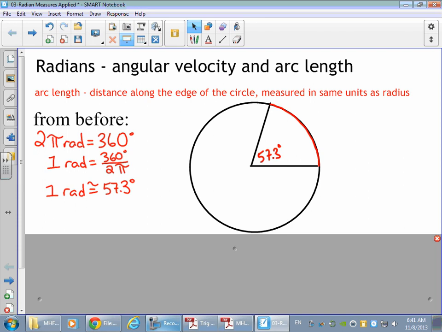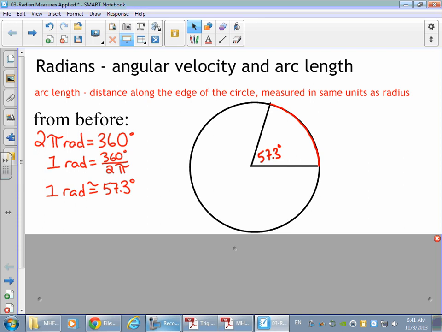We didn't really cover this last time, but from before, we know that 2 pi radians is 360 degrees, which means that if we found exactly 1 radian, or at least as close to 1 radian as we could in terms of degrees, we have 57.3.